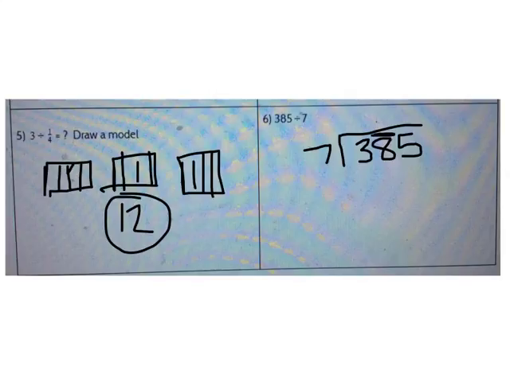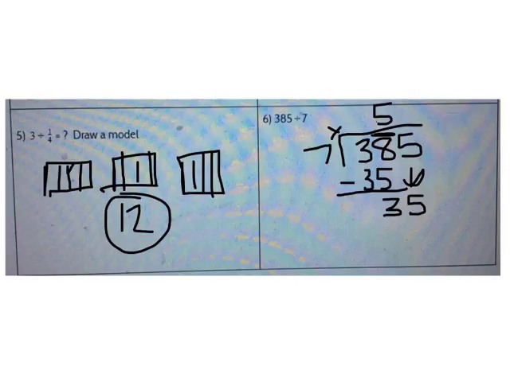I can start with 38 tens. How many times does 7 go into 38? 7 goes into 38 5 times. What's 5 times 7? It's 35. Now I can subtract. What's 38 minus 35? It's 3. And I can bring down my 5.